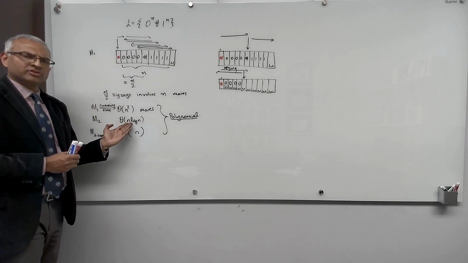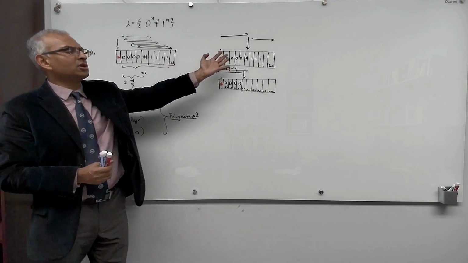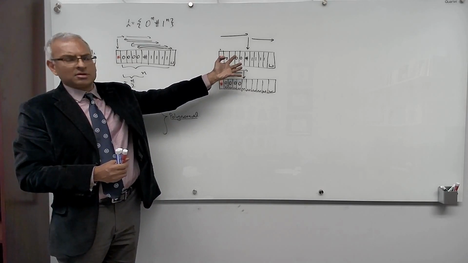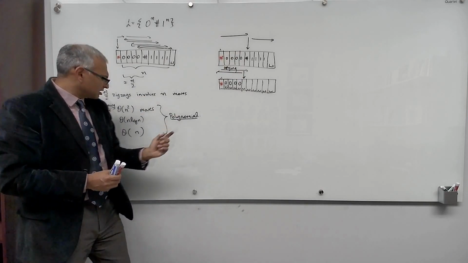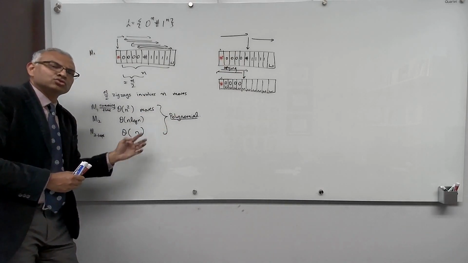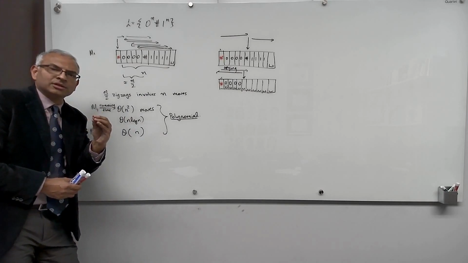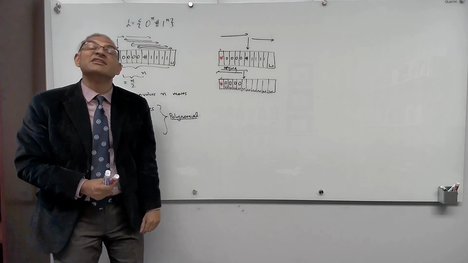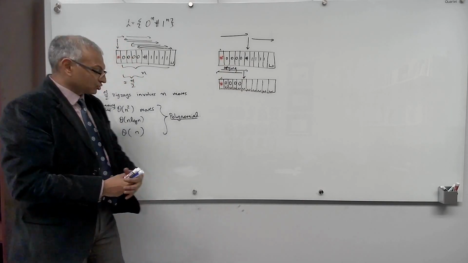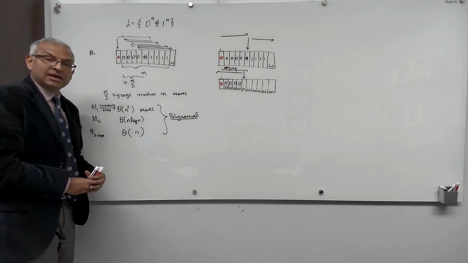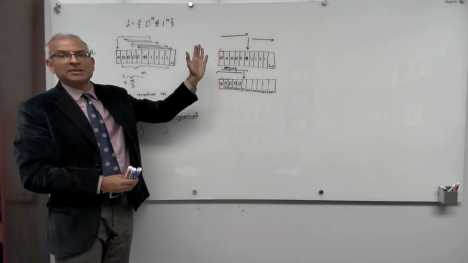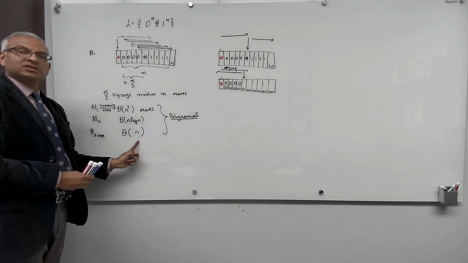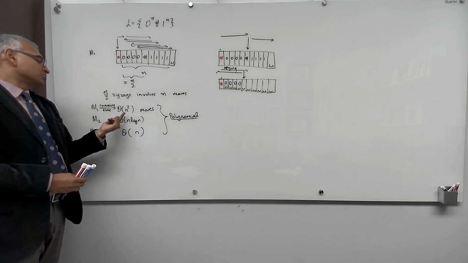Now we can try to improve it, but it's still polynomial. The running time is polynomial on the 2-tape machine, and we can try to improve it. Maybe we can get n over 2, but it'll still stay polynomial. Could we get log n running time with some number of tapes? The answer is no. So you cannot get exponential speed up from going to multiple tapes. You can only get a polynomial speed up.